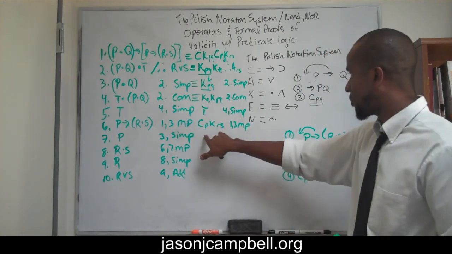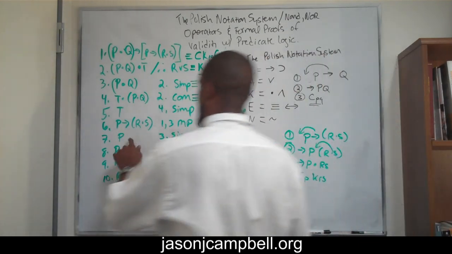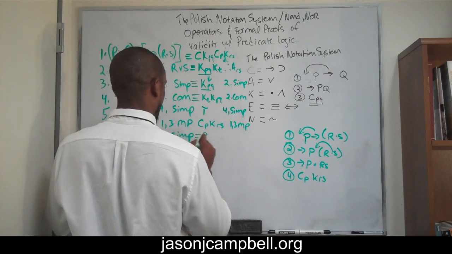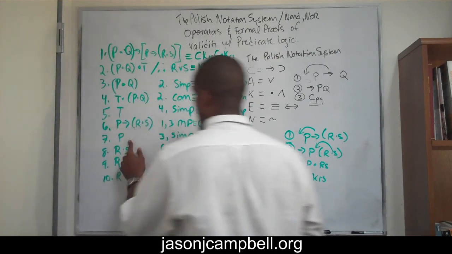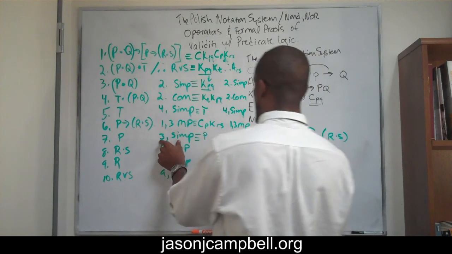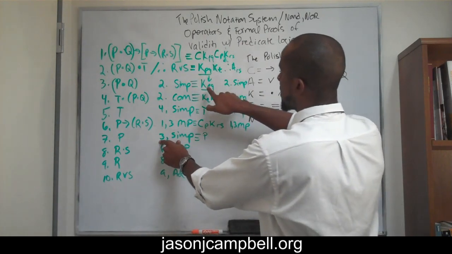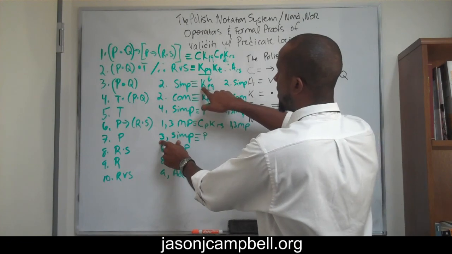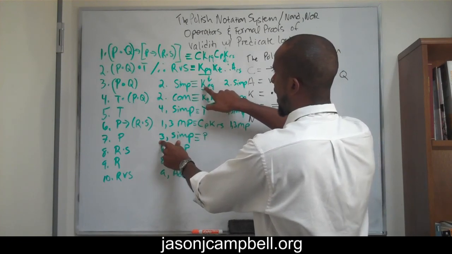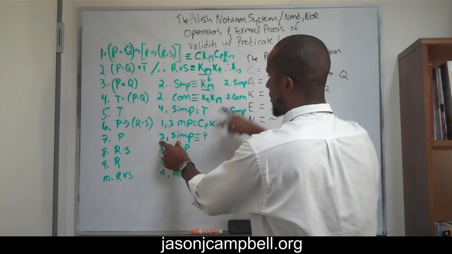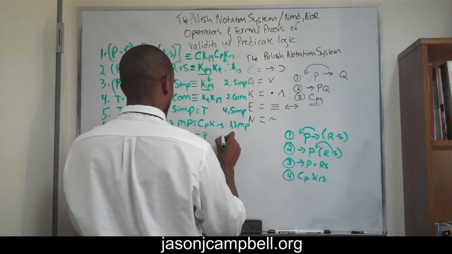Okay, but you see modus ponens here. We have P. So this is all the same. P, simp on 3. Where's 3? This is line 3. And I've done a simplification on it. We see that there is P and Q. I brought the P down, and that's 3 simp.